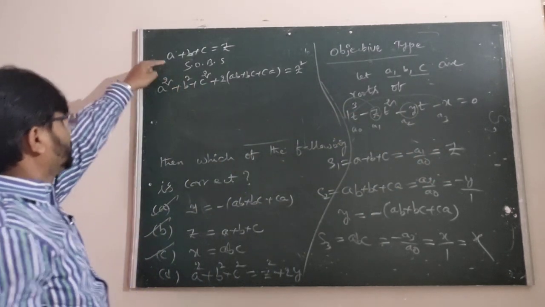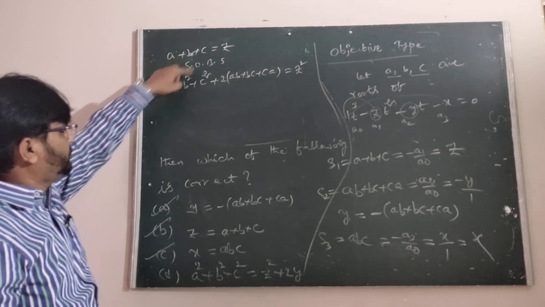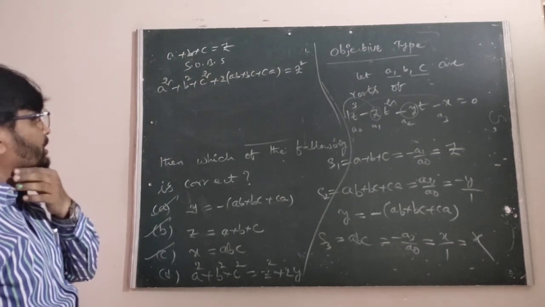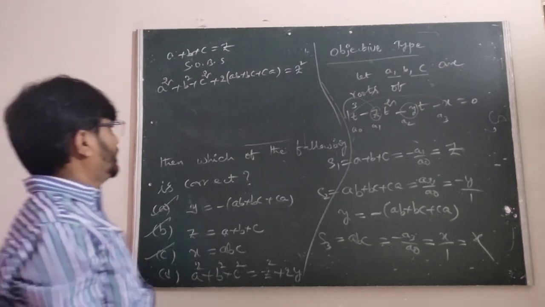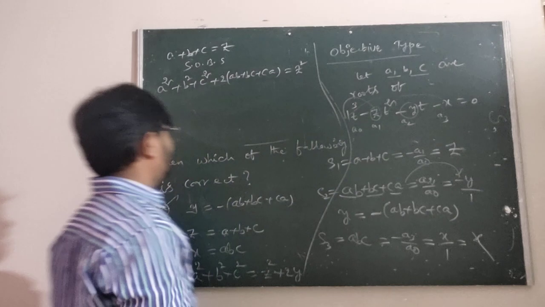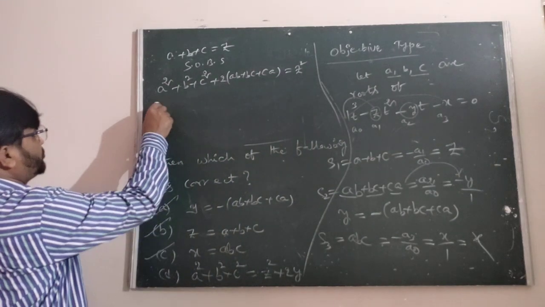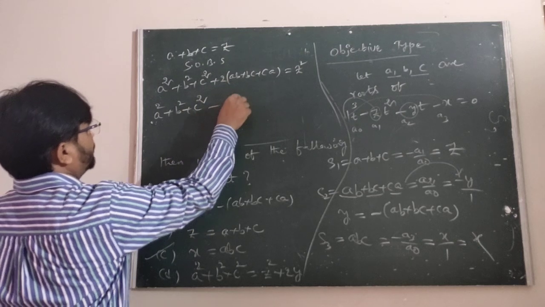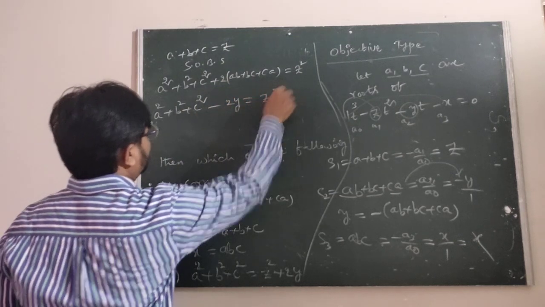After squaring on both sides, it will be A square plus B square plus C square plus 2 into AB plus BC plus CA equal to Z square. Now here AB plus BC plus CA is minus y. So A square plus B square plus C square minus 2y equal to Z square.